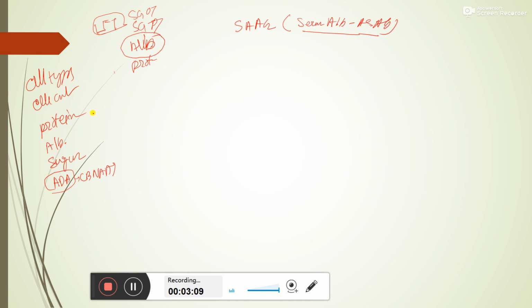Here we take the albumin in serum, and here the albumin of ascitic fluid. If the SAAG is greater than 1.1, it is high SAAG ascites, which is significant: portal hypertension is there. If SAAG is less than 1.1, there is no portal hypertension.